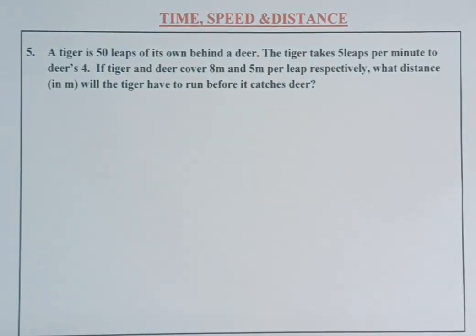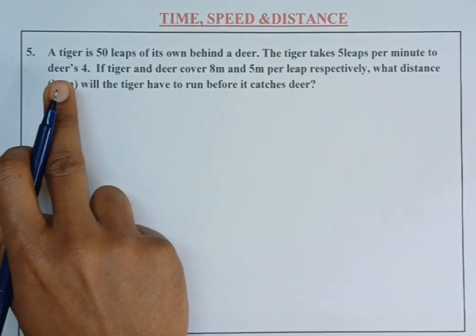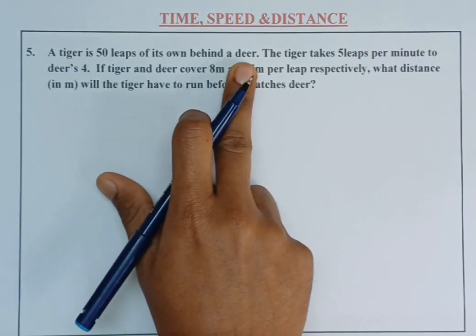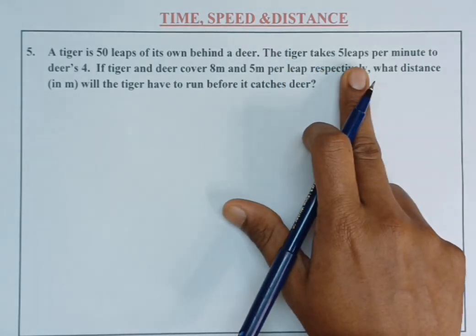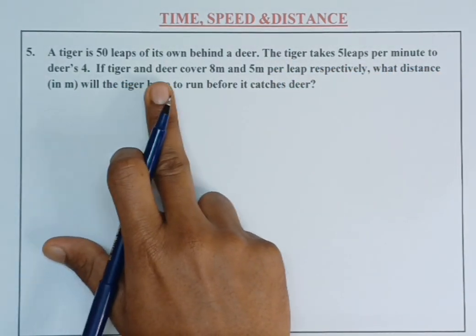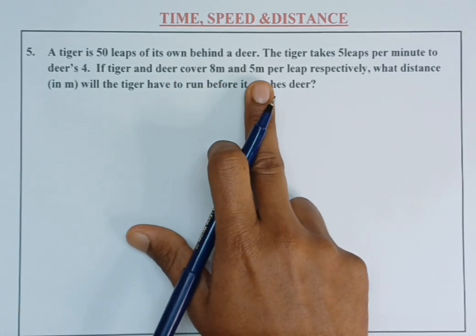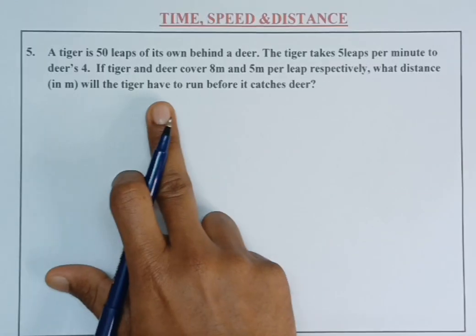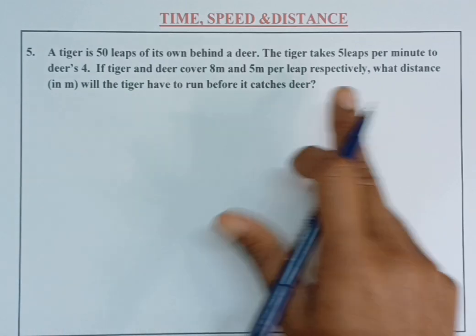Now let's solve this last problem. You can attempt it in 2 to 3 minutes because this is a slightly confusing problem. So let's attempt this. A tiger is 50 leaps of its own behind a deer. The tiger takes 5 leaps per minute to deer's 4. If tiger and deer cover 8 meter and 5 meter per leap respectively, what distance will the tiger have to run before it catches the deer?